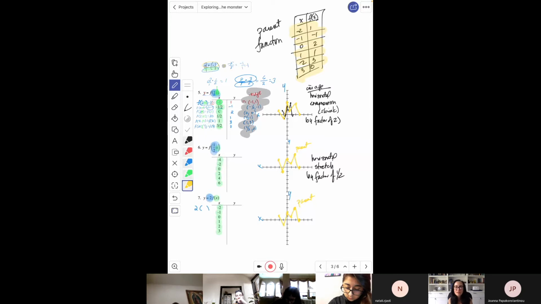I wanted to do a little Desmos game, but we may have to save that for tomorrow, depending on when we finish going over this.